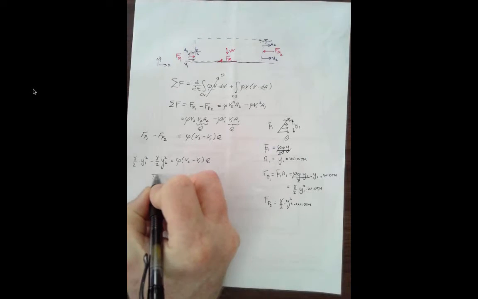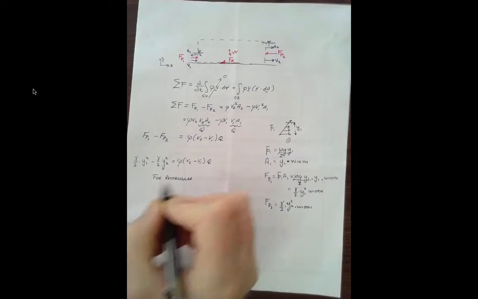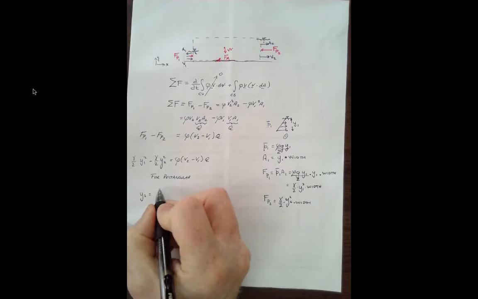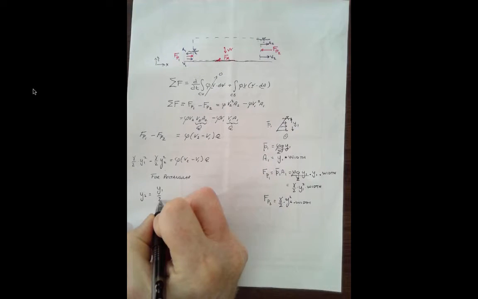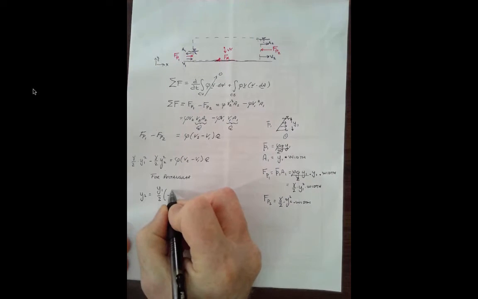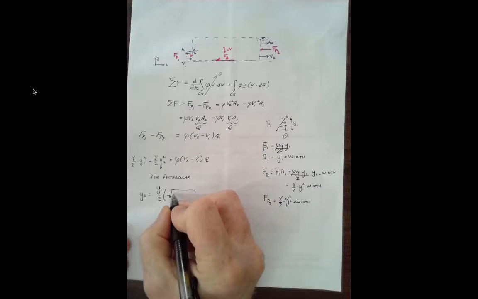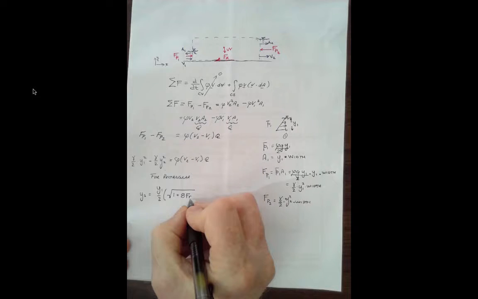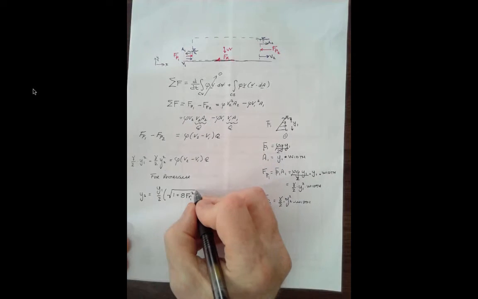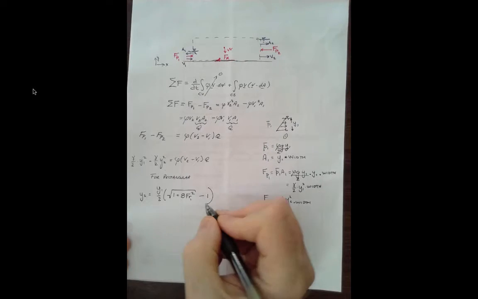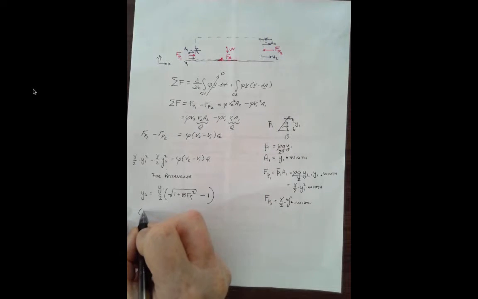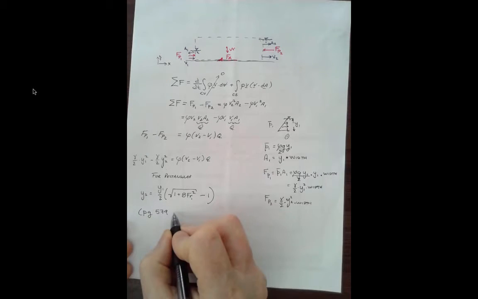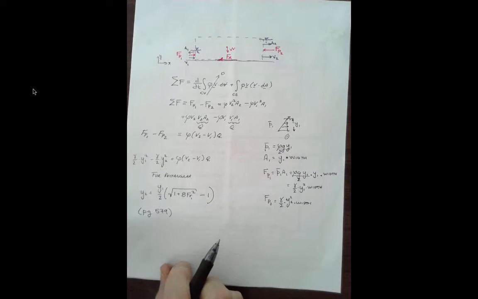And for a rectangular channel, we would arrive at y2 is equal to y1 over 2 times the square root of 1 plus 8 times the Froude number at section 1 squared, minus 1. This is basically the equation on page 579 of the textbook, and I've presented it here without a detailed analysis.